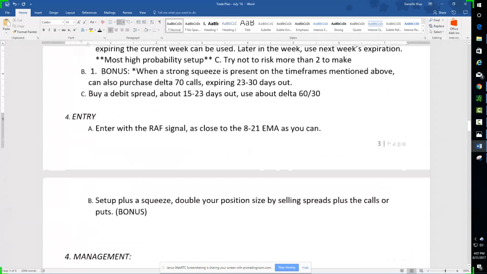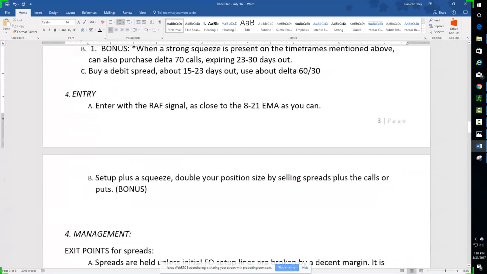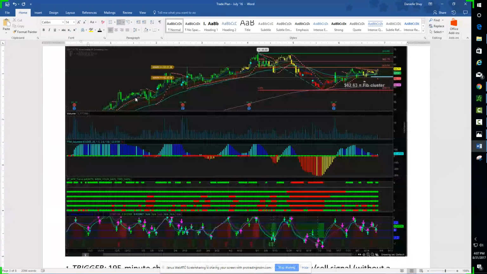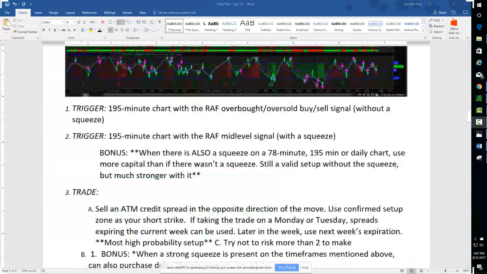With the entry, you definitely want to be entering as close as you can to the 8 EMA. I, for one, don't like to sit through pullbacks. You can't see the EMAs very well in here, but you do want to be entering as close as you can to the 8 EMA. This is the average in the stock market. This is where everything returns to.